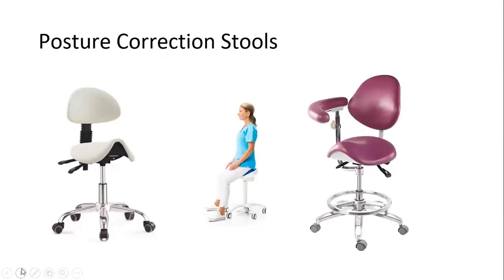Some of the practical aspects, like I think there was a question on the study. This one is definitely supported in literature as one of the interventions that can reduce the risk for some of the musculoskeletal conditions. Again, the mechanism is more around ensuring that the practitioner works from a more straight posture at the back.